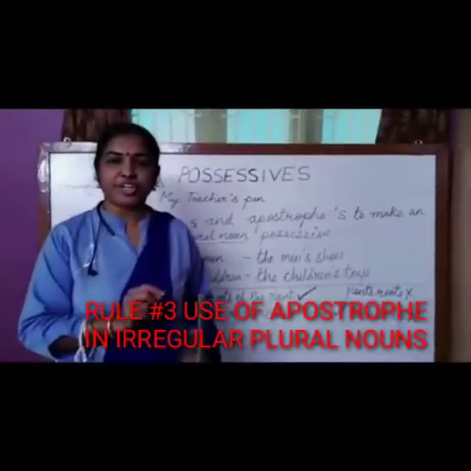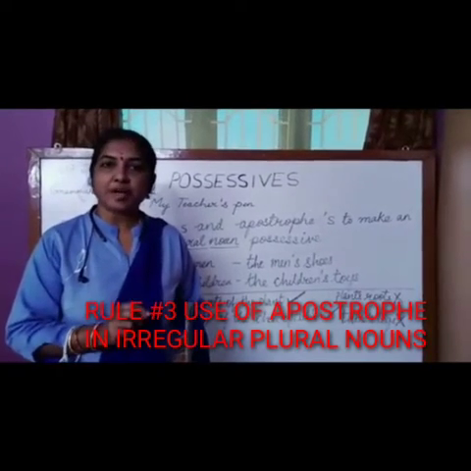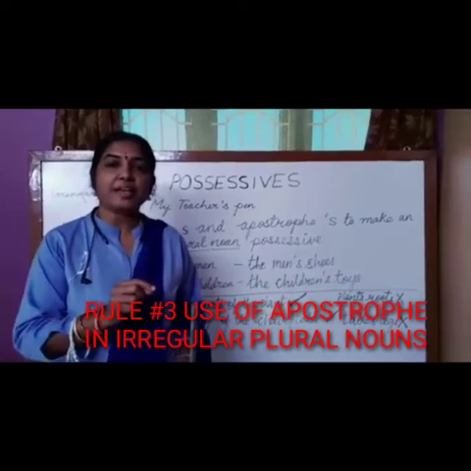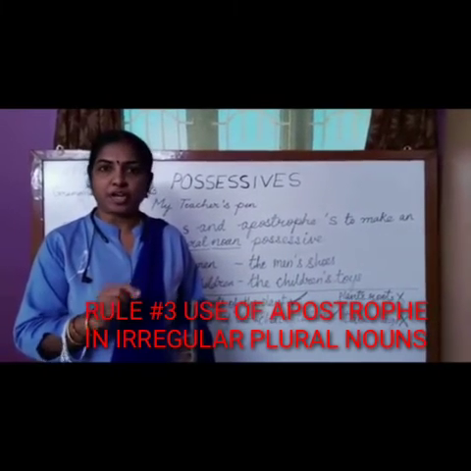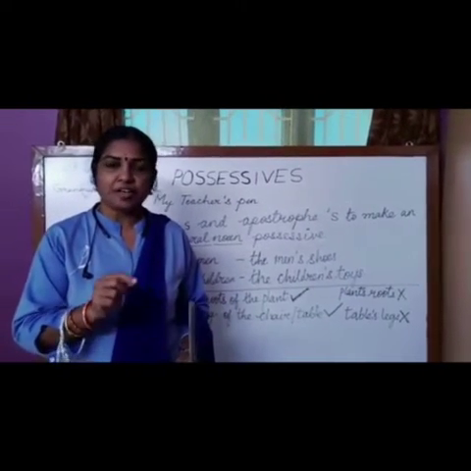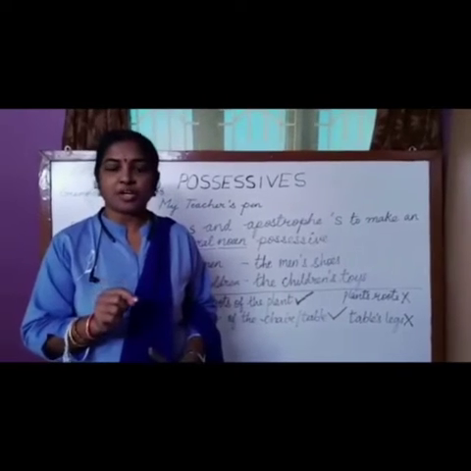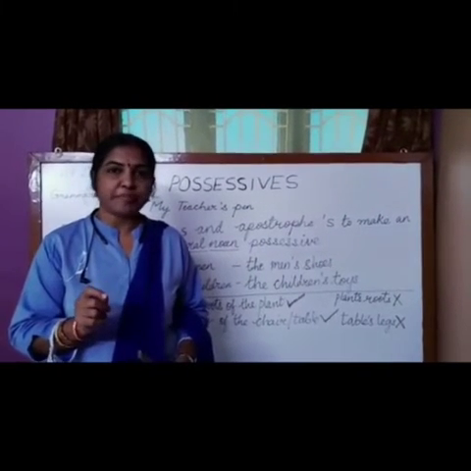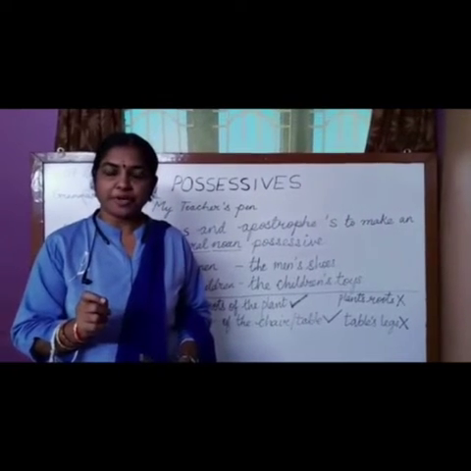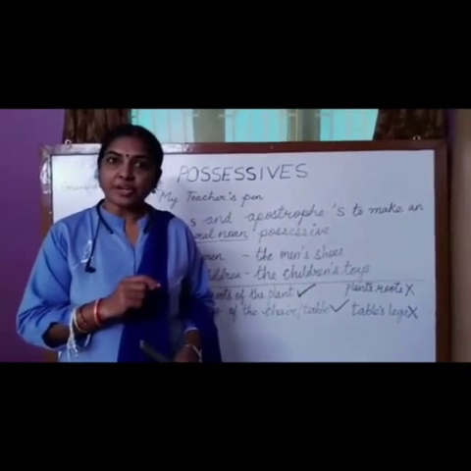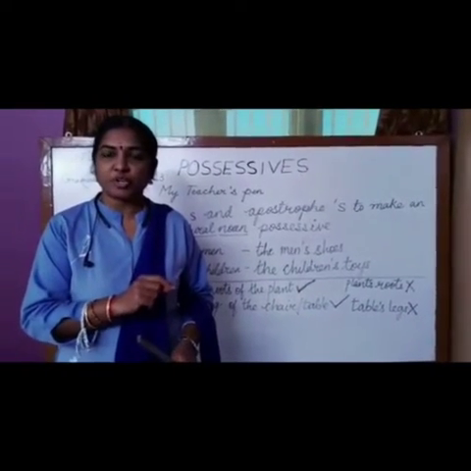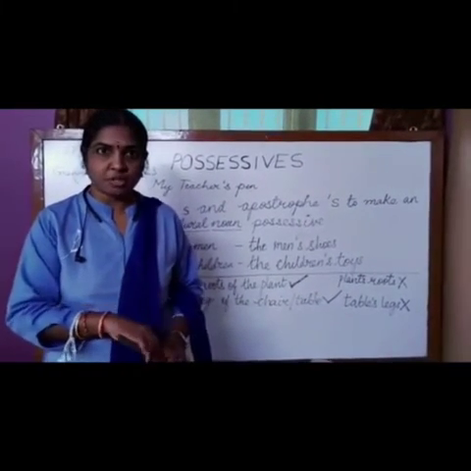Rule number 3, where we will be learning about the use of the apostrophe in irregular plural nouns. In our previous class, we already discussed irregular plural nouns like men, women, children, people. So let's check where we will be placing the apostrophe in such irregular plural nouns.